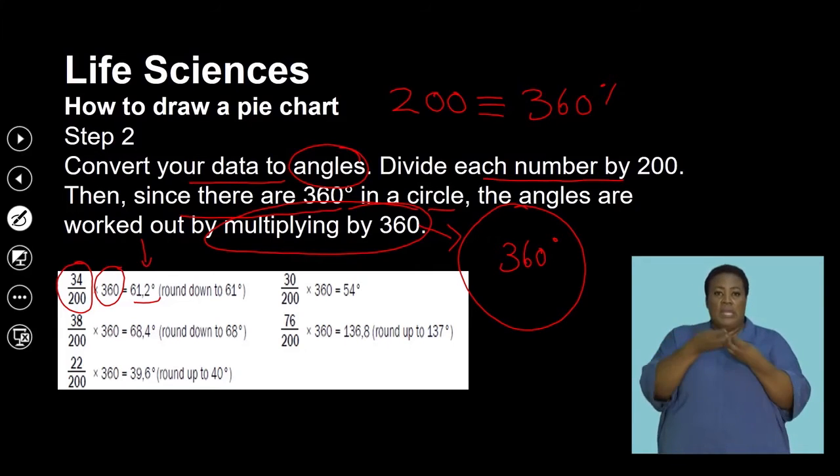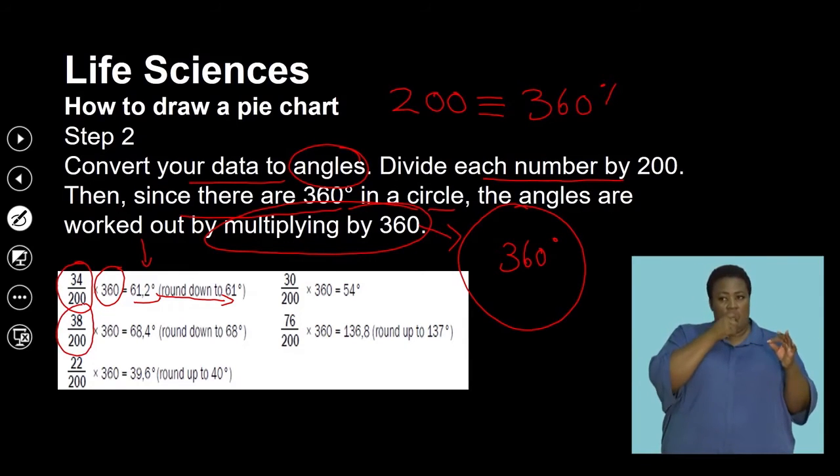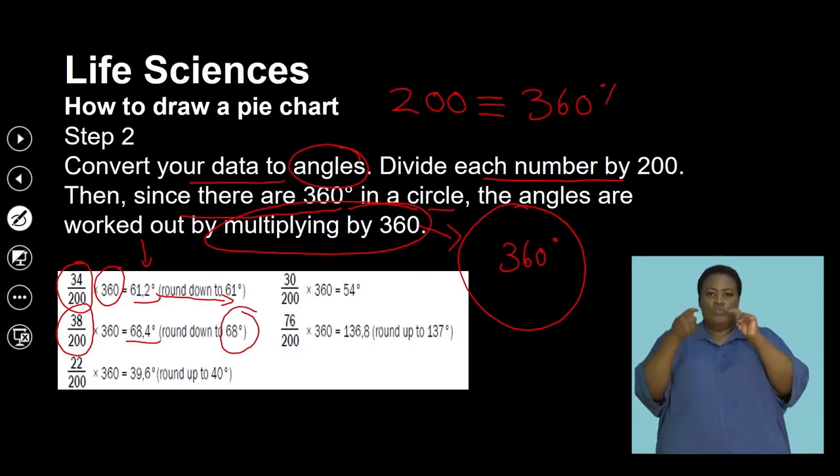The best thing when you have degrees is to convert them to the nearest whole number. So in this case, we're going to round it down to 61. The next group used were 38 out of the 200 that chose that specific method of contraception, and that gave us a calculation figure of 68.4, and we can see that we rounded that off to the nearest whole number. We also looked at the next group, which was 22.